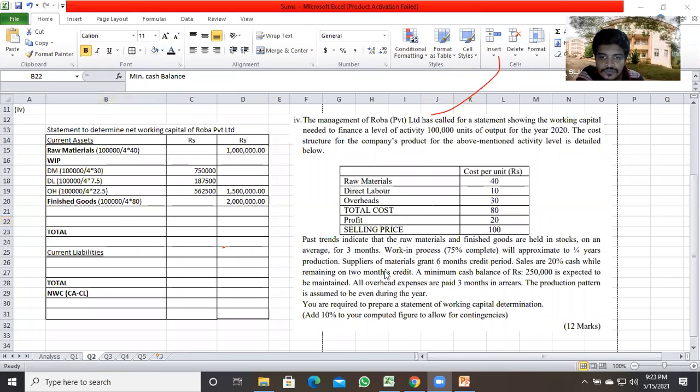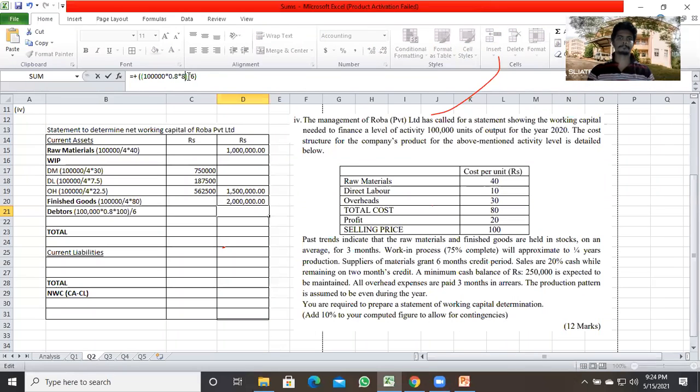As it's for 2 months credit, we are left with around 2 months of sales. It doesn't come exactly like that, but we have an indication of around two months. So to calculate the debtors value: 100,000 into 80%, that is 0.8, into 100, divided by 6.